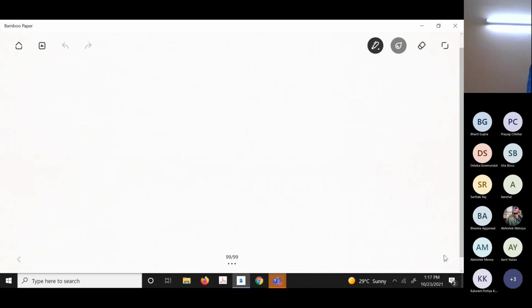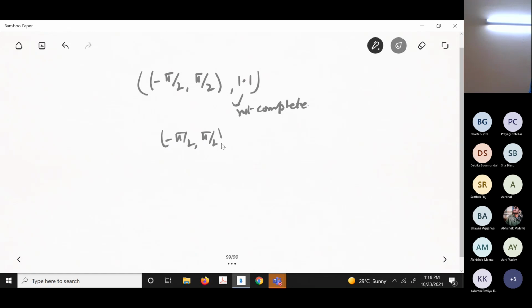What was the remark I said? Look here, you remember minus pi by 2 to pi by 2, here the usual distance is not complete. But I could give another metric d by arctan x. Remember that.